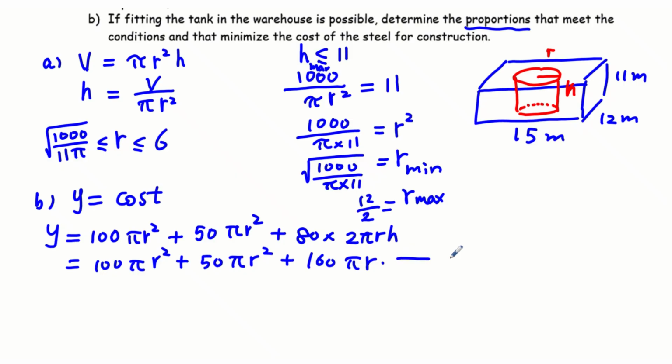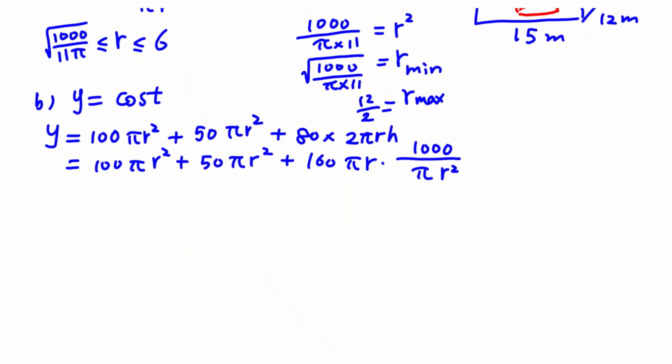You could change everything to h, it's up to you. Then h is V, volume is 1000 over pi r squared. So you will see now you have only r as the input variable.